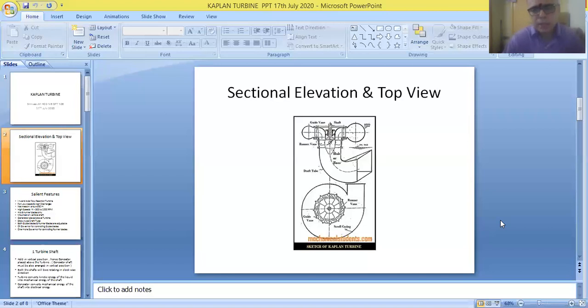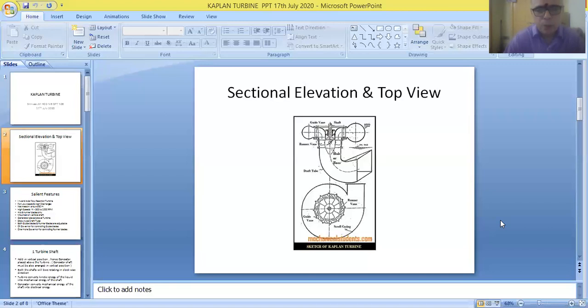So these are the two functions of the guide blades. Firstly, they are meant for conveying water onto the runner blades in required direction, and at the same time, they are also used for controlling the quantity of water that is entering the runner according to the load acting on the turbine.